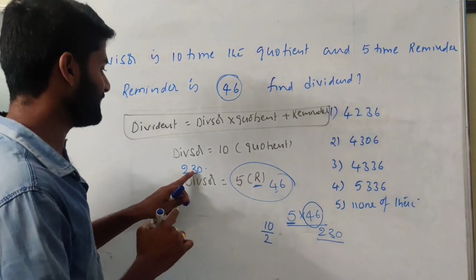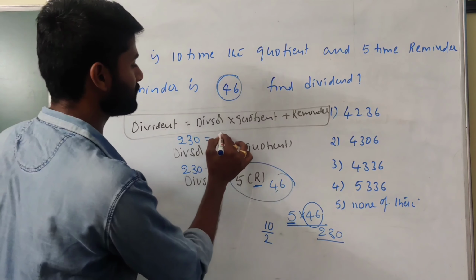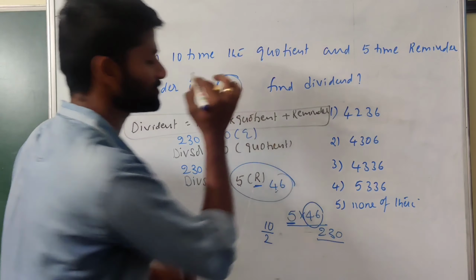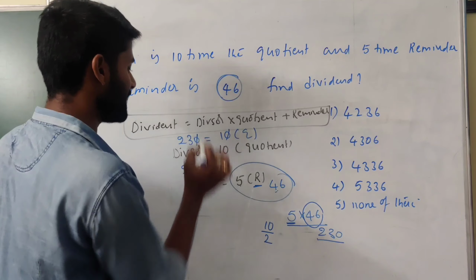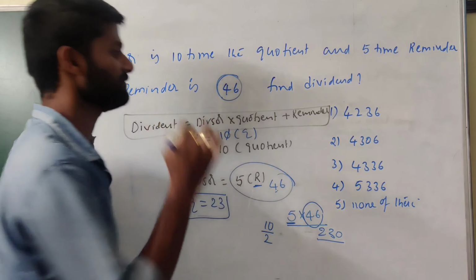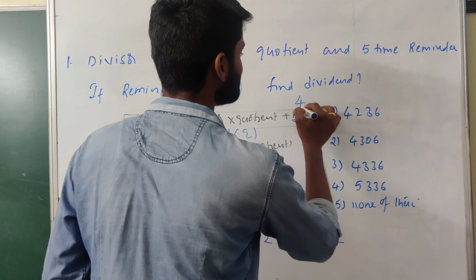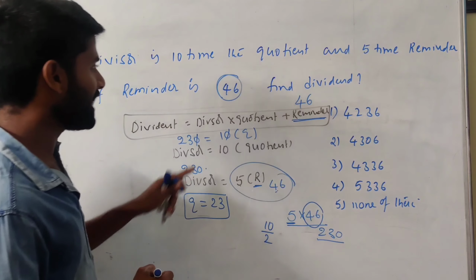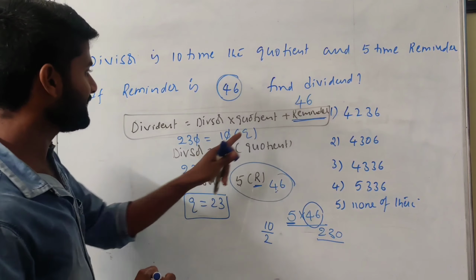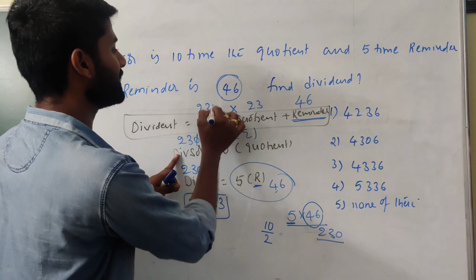Clear? And again, this 230 can be replaced here. So 230 is exactly equal to 10 times the quotient, and cancelling the 0, we get quotient equal to 23. We get each and every value. The remainder is 46, the quotient is 23, and the divisor is 230.